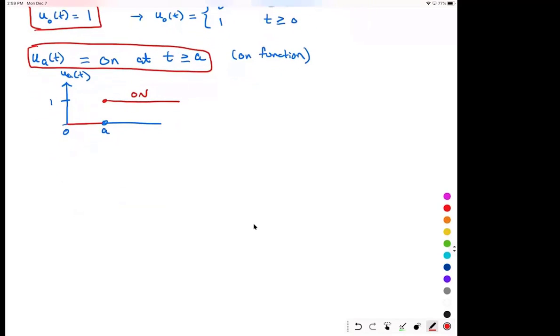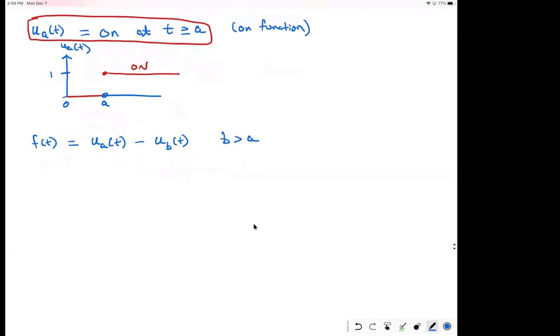Then the next important piece to our puzzle is if I have f of t, a function in terms of time, equal to u sub a of t minus u sub b of t, where b is bigger than a, then I call this the on/off function.